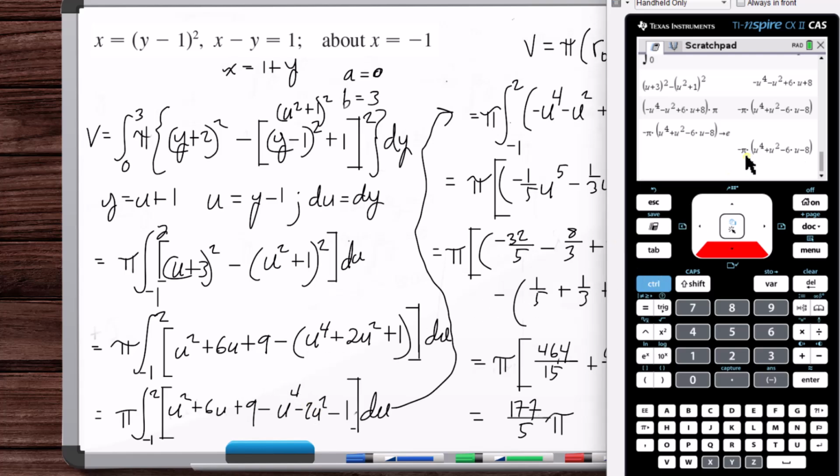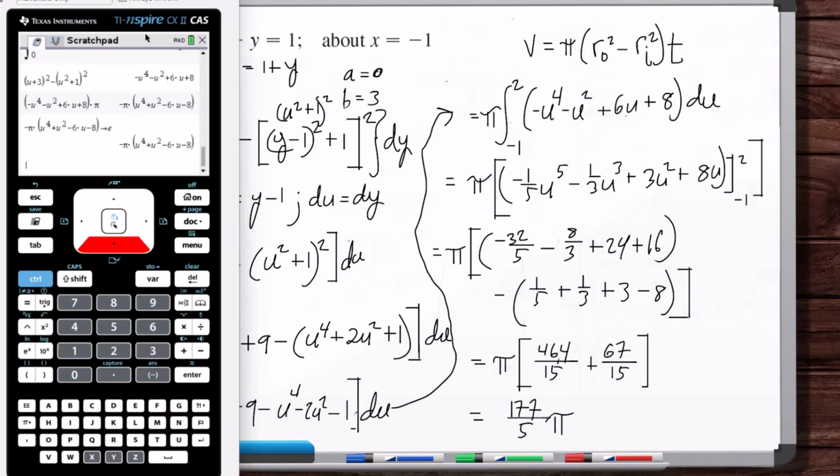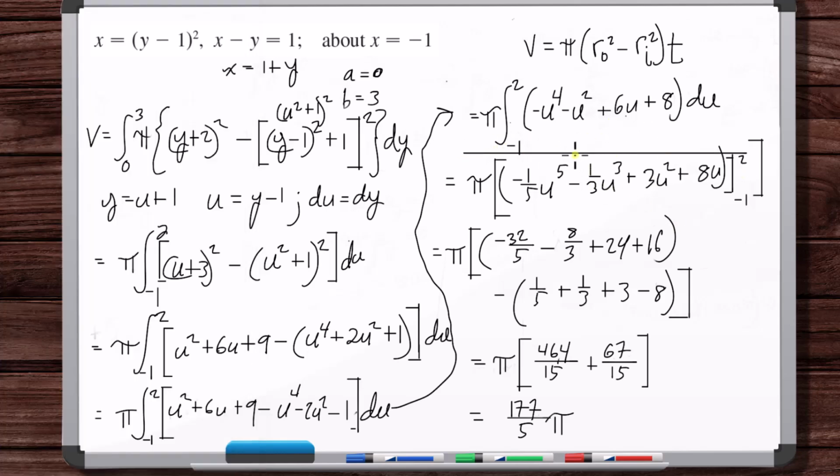This simplifies to, they take the minus out, and so u to the fourth plus u squared minus 6u minus 8. If we took the minus sign out, we get u to the fourth plus u squared minus 6u minus 8. So we're good up to this point. It's somewhere in here where there's the error. 2 to the fifth, 2 times 2 is 4, 4 times 2 is 8, 8 times 2 is 16, 16 times 2 is 32, minus 32 over 5. 2 cubed is 8.